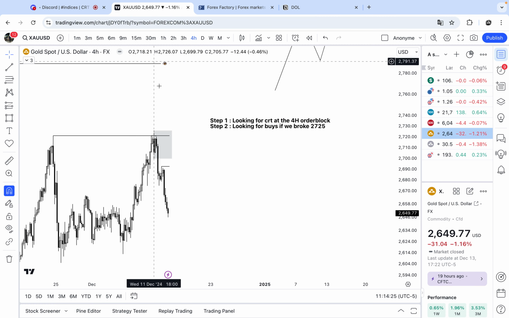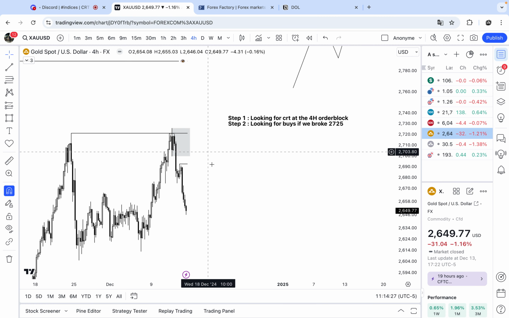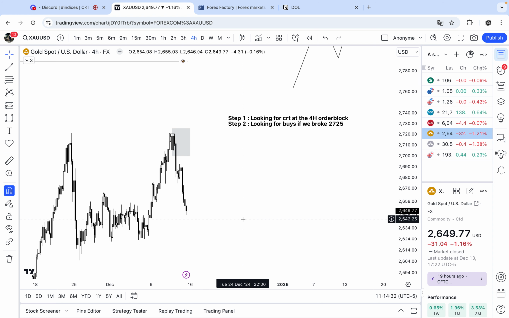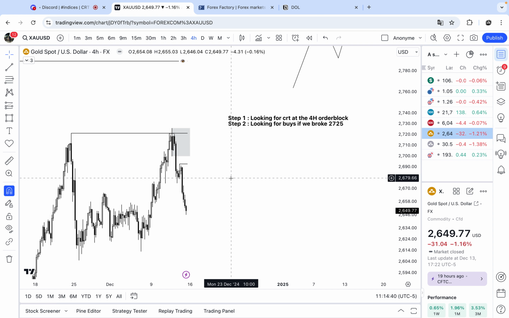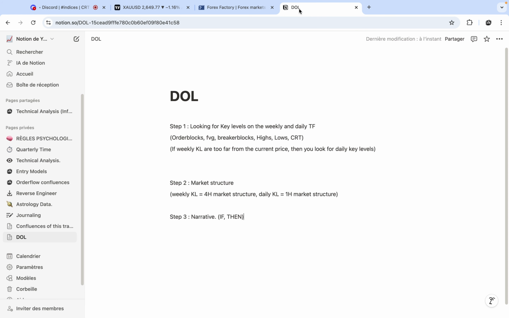For example, if we see our CRT here, then I will position myself for sales. If price broke this level, then I'm gonna look for buys. If then. This is it, guys. This is how I'm looking at the markets all the time.